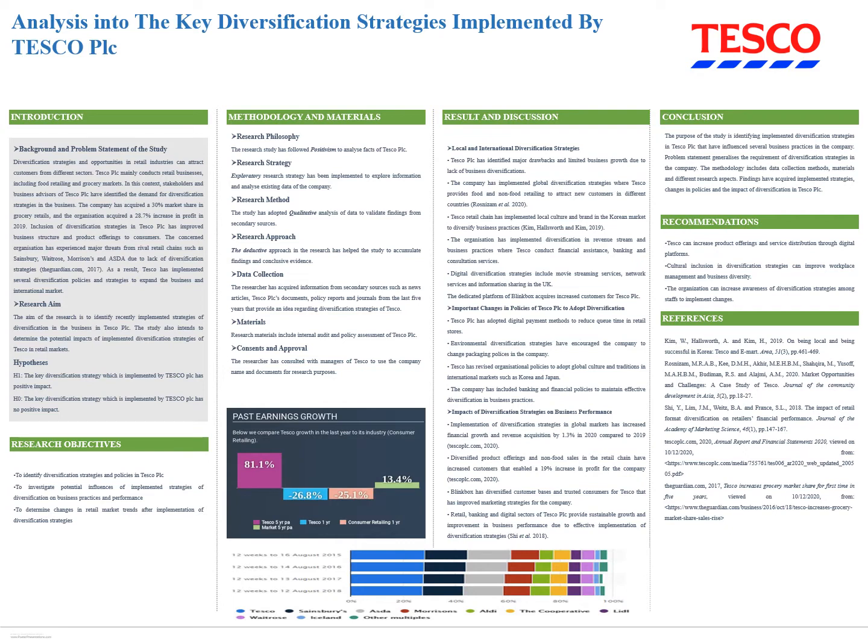The company has acquired a 30% market share in grocery retail, and the organization acquired a 28.7% increase in profit in 2019. Inclusion of diversification strategies in Tesco Plc has improved business structure and product offerings to consumers.